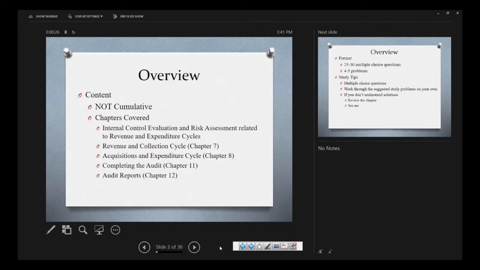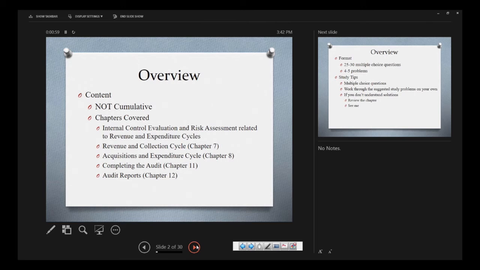The reason I have internal controls in here is because the focus is on internal control evaluation and risk assessment related to the revenue and expenditure cycles, right? So just related to those 2 cycles. I'm not going to ask you about the COSO framework or anything like that, focusing on control activities for those cycles. Chapter 7, the revenue collection cycle, acquisition and expenditure cycle, completing the audit and audit reports.